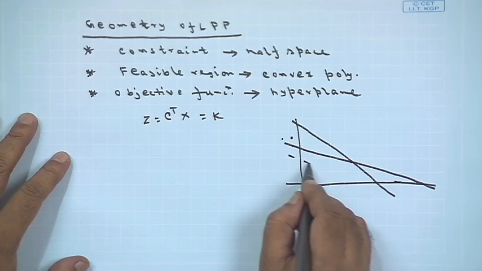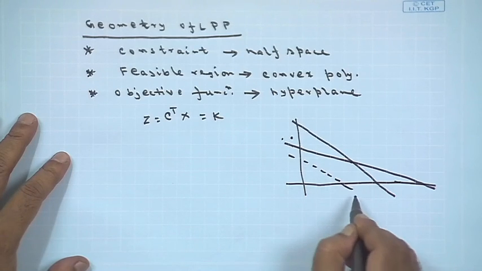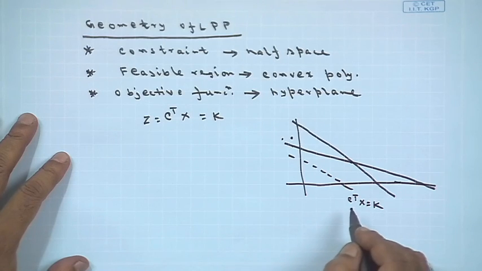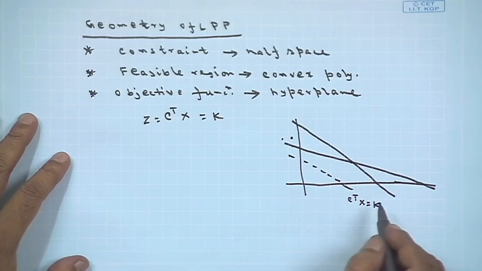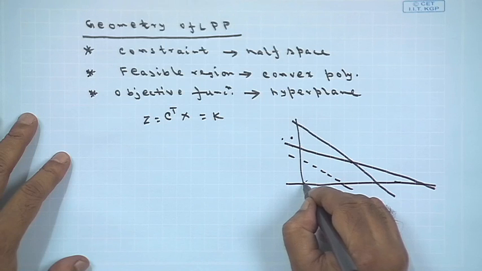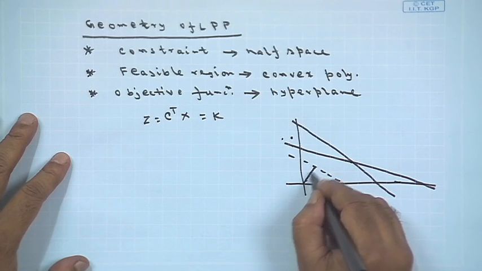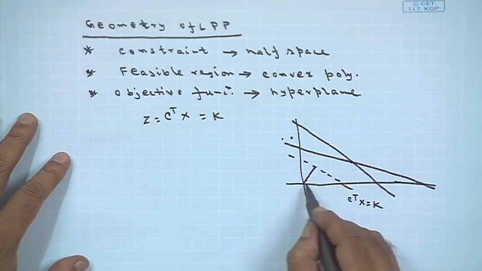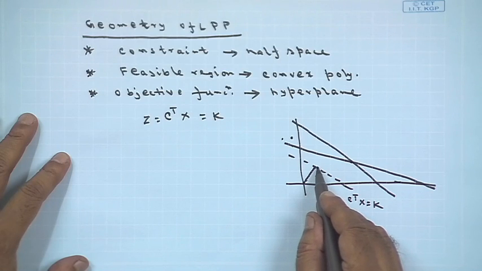If I draw a line like this, which represents C transpose x equals k, so what is k? K is basically the distance of the origin from this line.